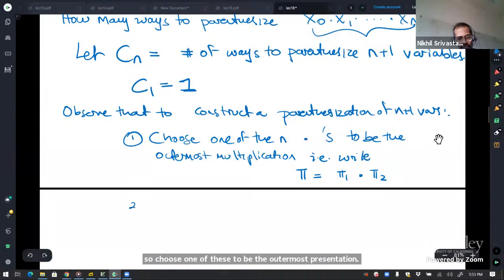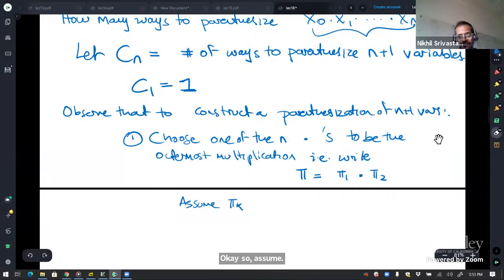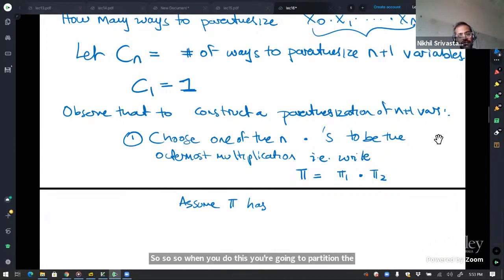And now, of course, the number of symbols in these things can be different, right? Depending on where you choose this dot. Okay, so when you do this, you're going to partition the symbols into two sets.